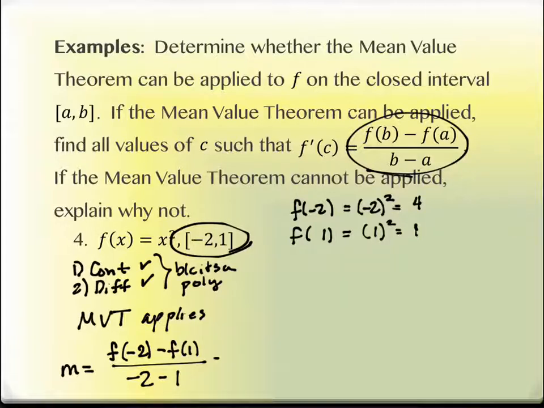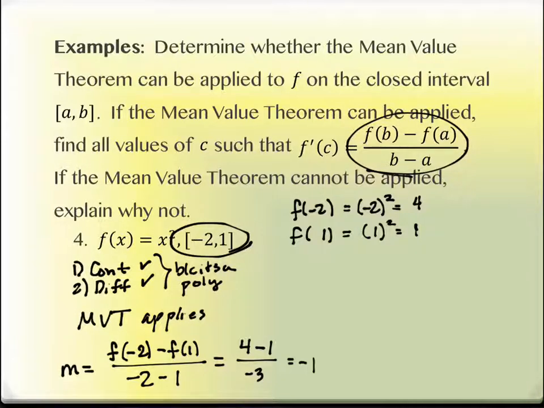So this right here is a 4 minus 1, right? Over -3. So what is the slope going to be? It is -1. Okay? That I didn't have to do before because the slopes were 0.